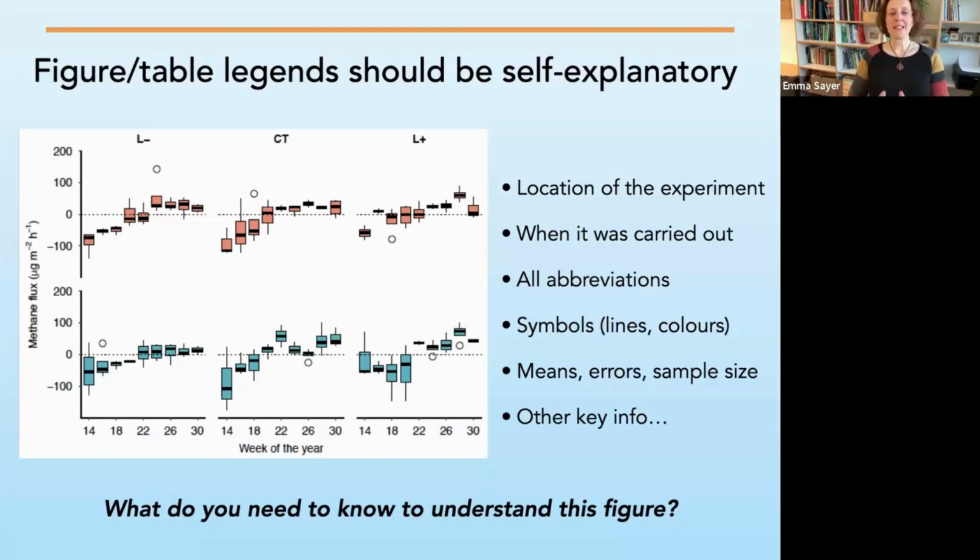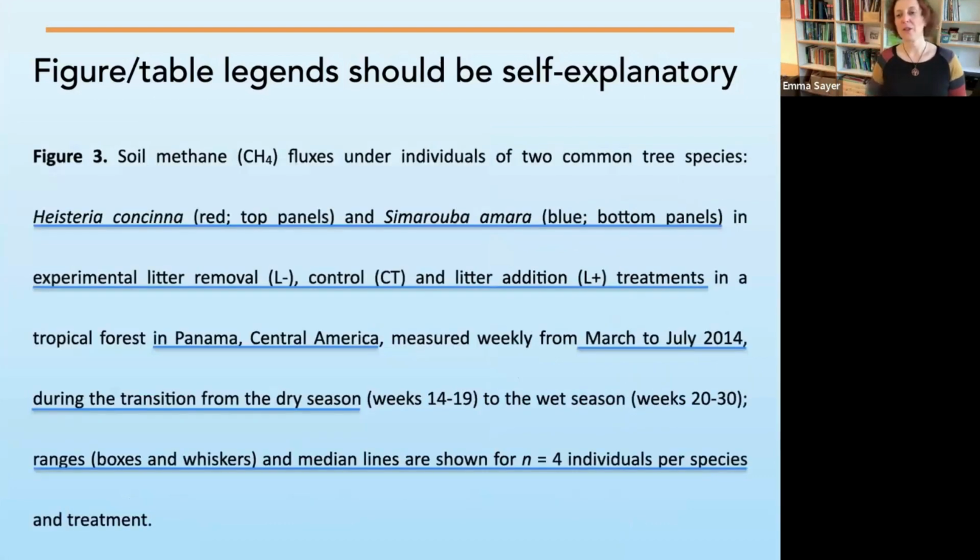So basically, all the information we need to include in this legend is here. You can see we have soil methane fluxes under individuals of 2 common tree species. The tree species are the colours. I've then given the treatments with their abbreviations. I've said it's in a tropical forest in Panama, measured weekly from March to July 2014.